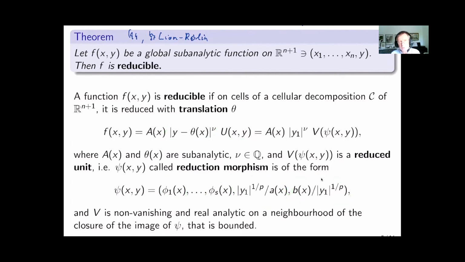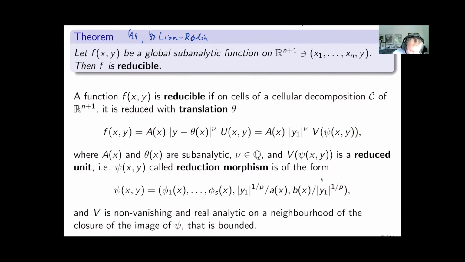So actually, what you can do, you can iterate it and do the same for those functions on x. And you can do it for finitely many functions simultaneously. And what is important also, this v function in these coordinates on the blow-up space is real analytic, non-vanishing because it's a unit.